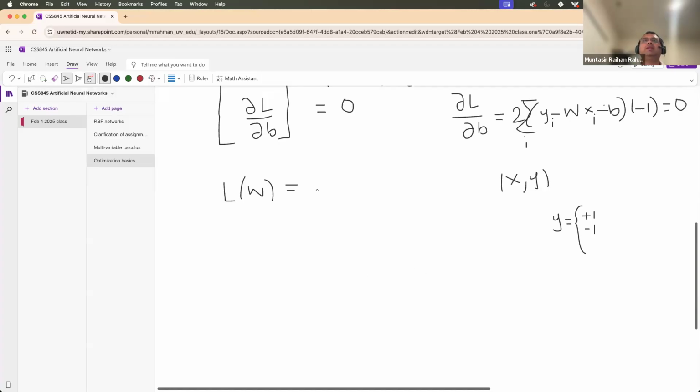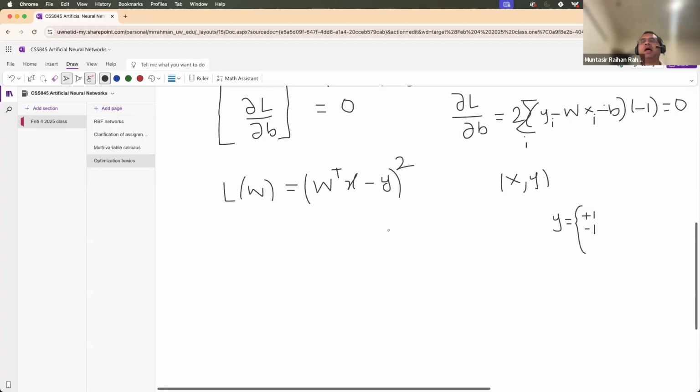Then a possible loss function is: take W transpose X, subtract Y, and take the square of this.